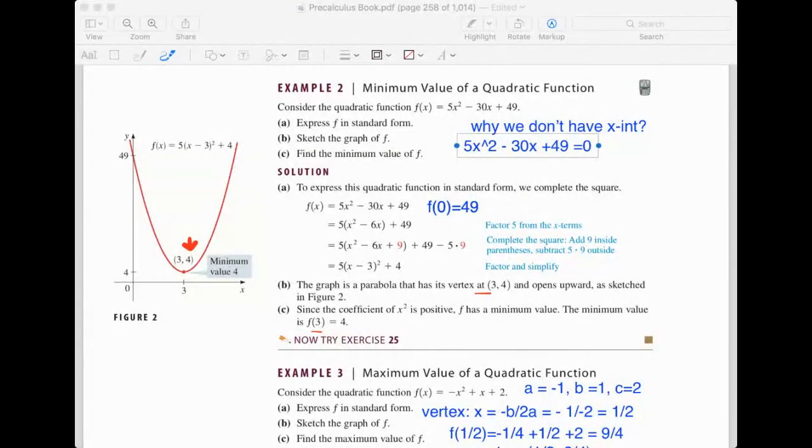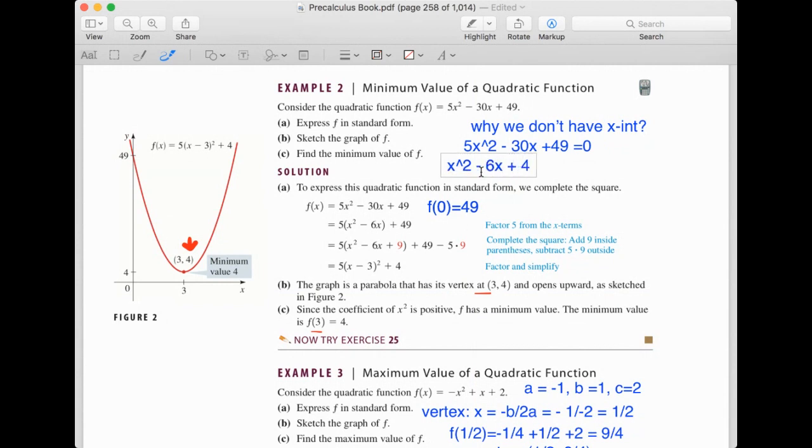The discriminant is not positive, and it has to be positive. So let's divide by 5 to simplify this. For every term, we have x squared minus 6x plus 49 divided by 5 equals 0.